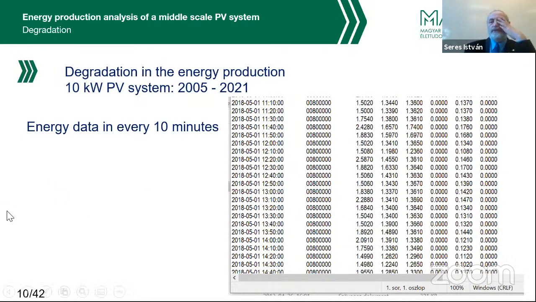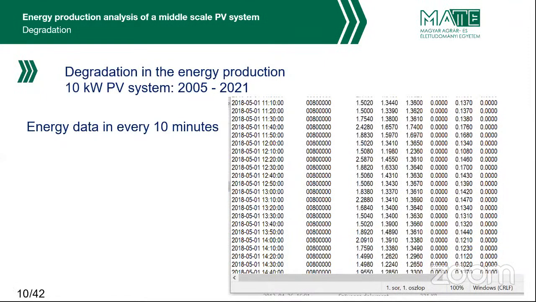As for the energy data, we are measuring different data. We are measuring the energy production continuously. We do not measure the power continuously, but we save energy data every 10 minutes. Here you can see the date and the time when that measurement was done, and this is the identifier of the unit.